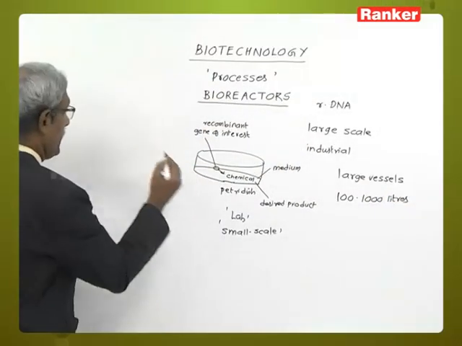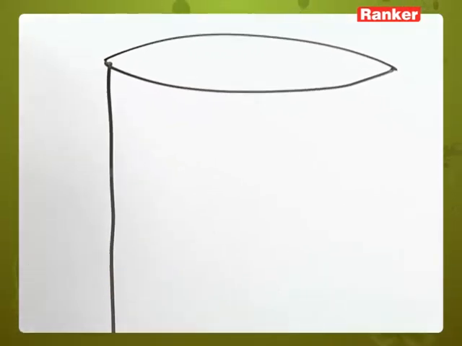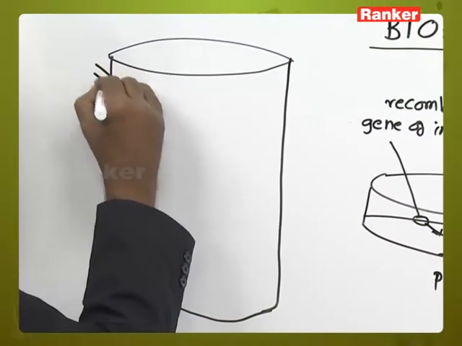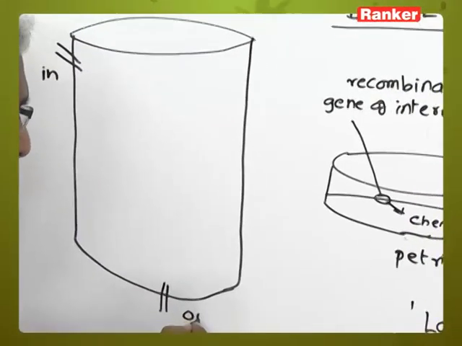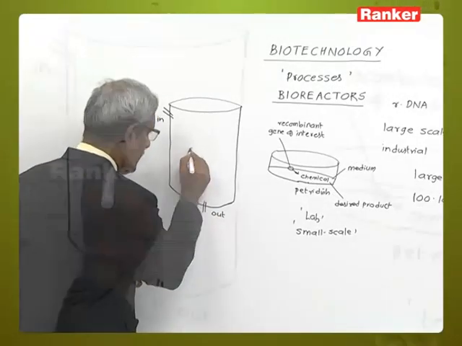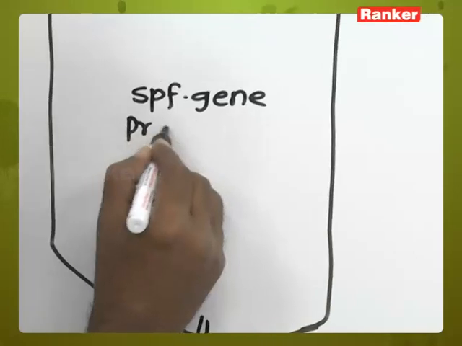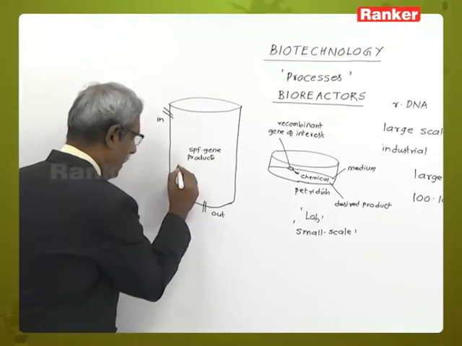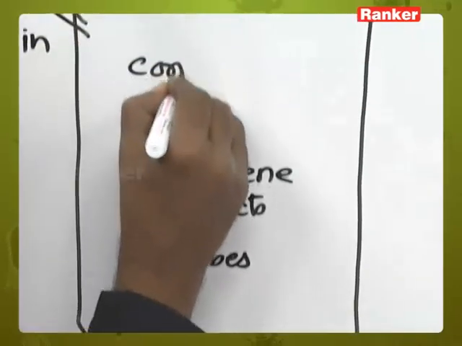So, in simple terms, a bioreactor will have a curved surface, an inlet valve and an outlet valve, and your specific gene product is agitated by microbes under controlled conditions of temperature and pressure.